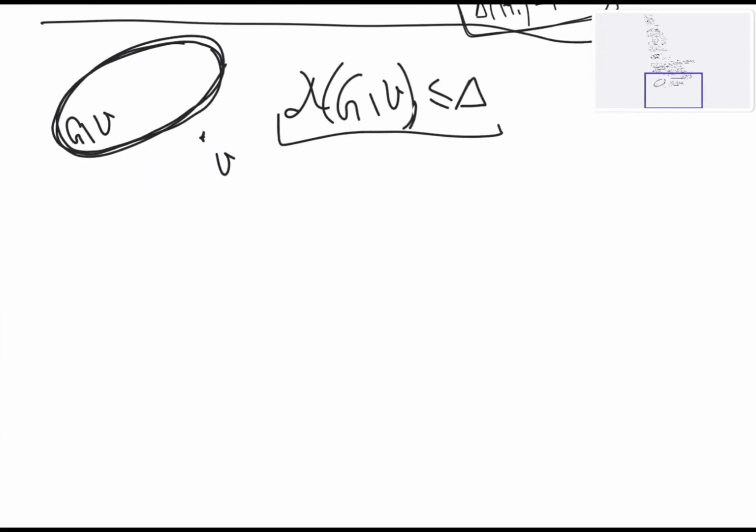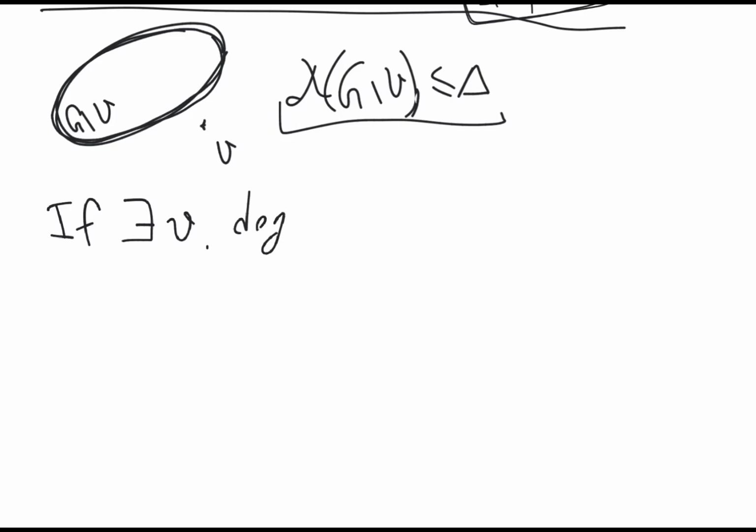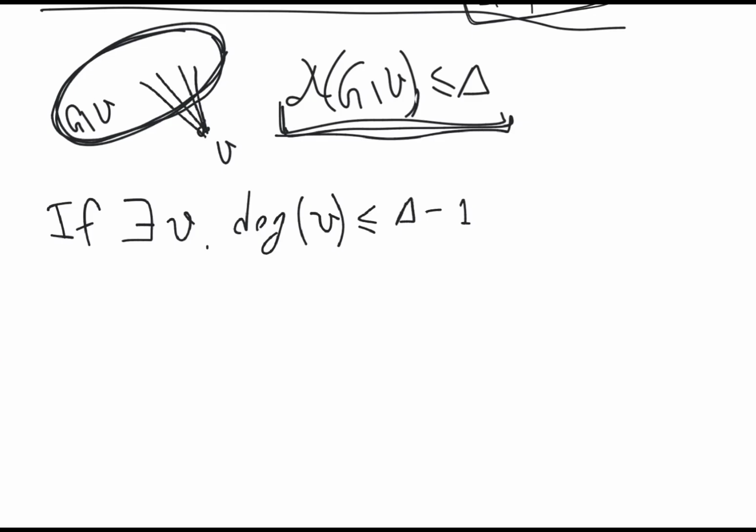So now if there exists a vertex v with degree less or equal than delta minus 1, then we pick this vertex v, and we get this result that it's less than delta.